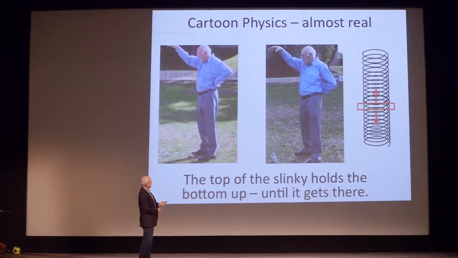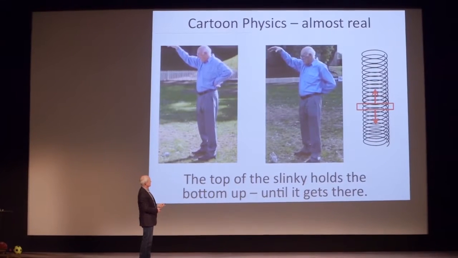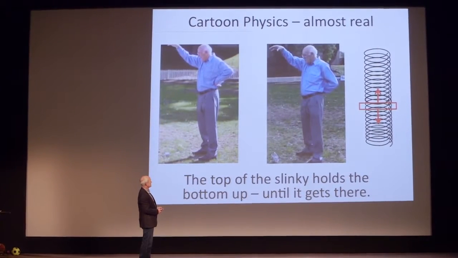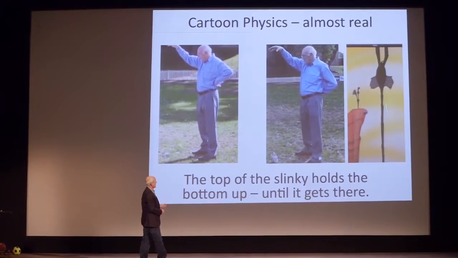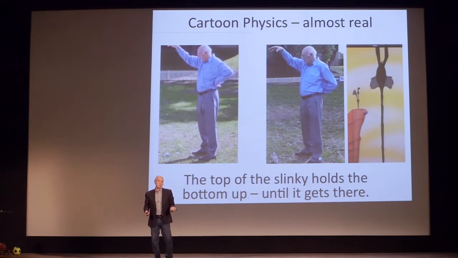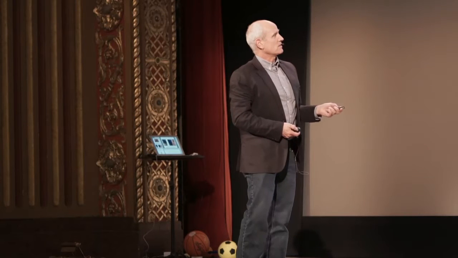Okay? It takes some time for that information to get there. And that's the picture. Anyway, so the Coyote stretching out like that is sort of like an inverted Slinky. But it is unusual to see what the Slinky does as well, and unexpected.